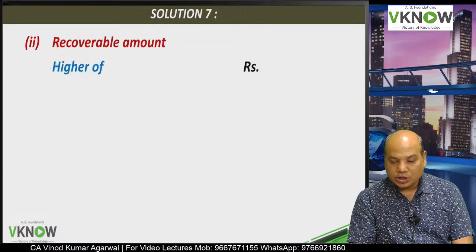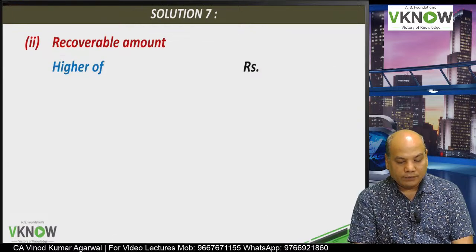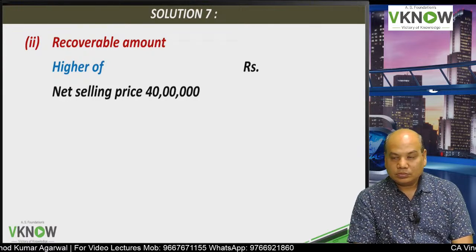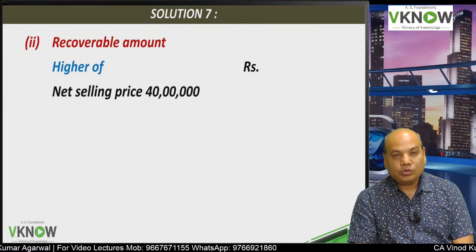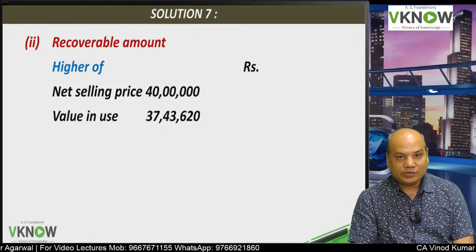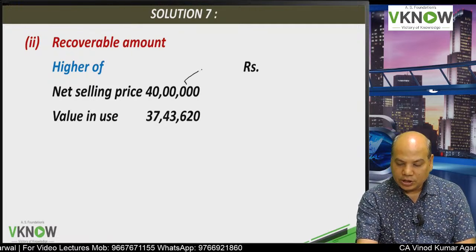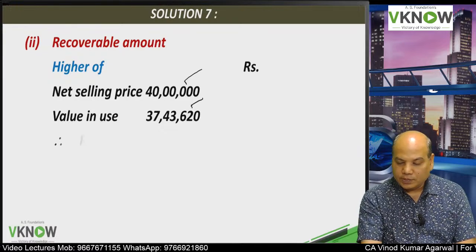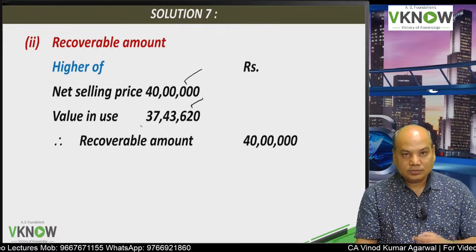Okay, now step 2 you will write recoverable amount. Recoverable amount is higher of the two. Higher of the two, which two? First, net selling price, which is given 40 lakh in the problem. Value in use, which we have computed from the previous table.